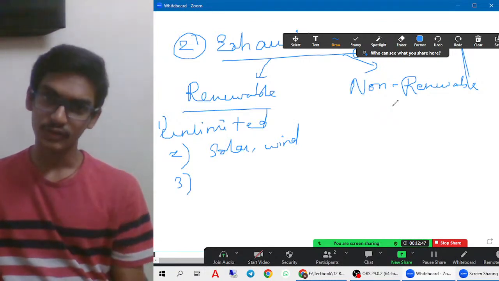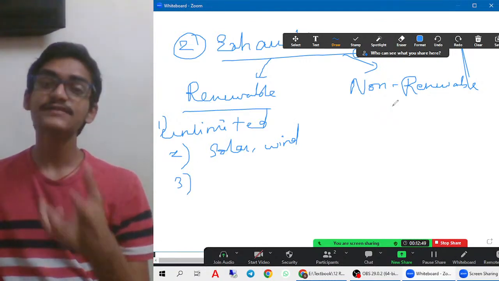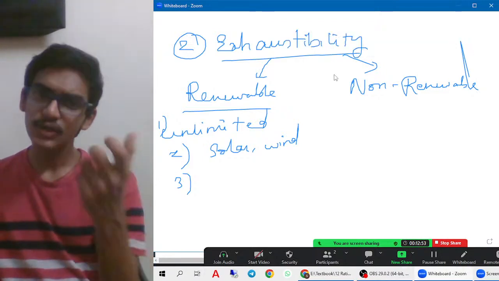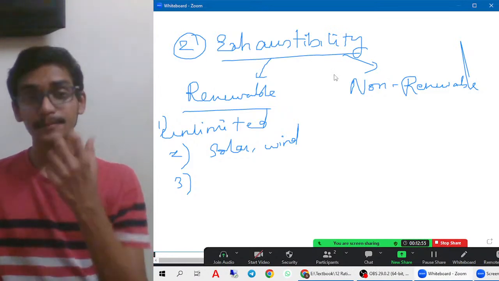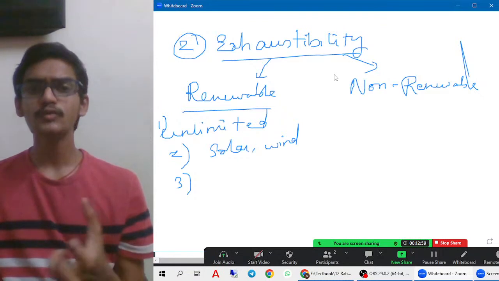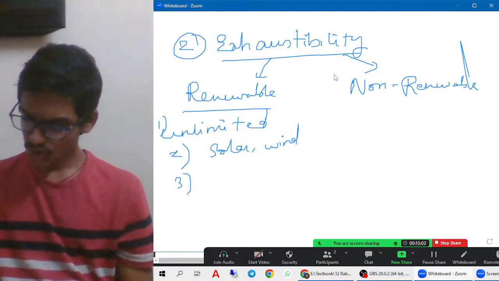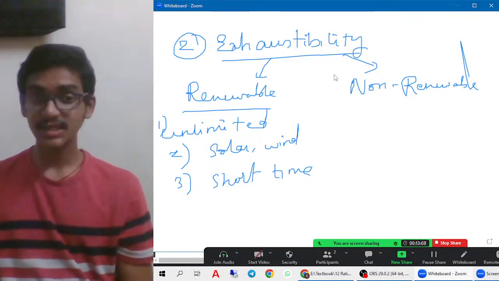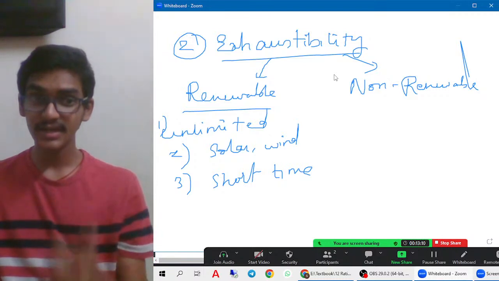Even if they are completed, they can easily be brought back. It takes a very short time to bring back those kinds of resources. These are the three important points which you must remember regarding renewable resources.